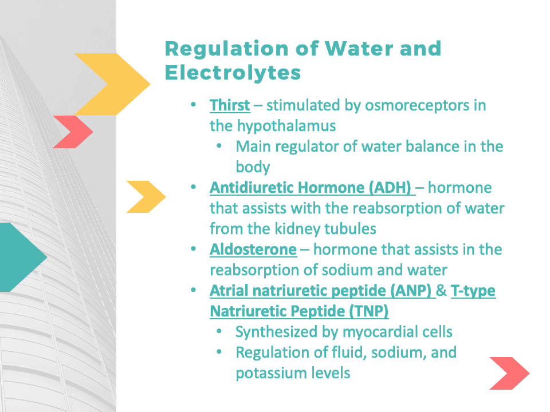We won't necessarily focus too much on ANP or TNP, but it's just good to know that these mechanisms help with the regulation of water and electrolytes. So, what I want you to focus on is thirst, antidiuretic hormone, and also aldosterone. But again, it is good to know that ANP and TNP help also with the regulation of cells.